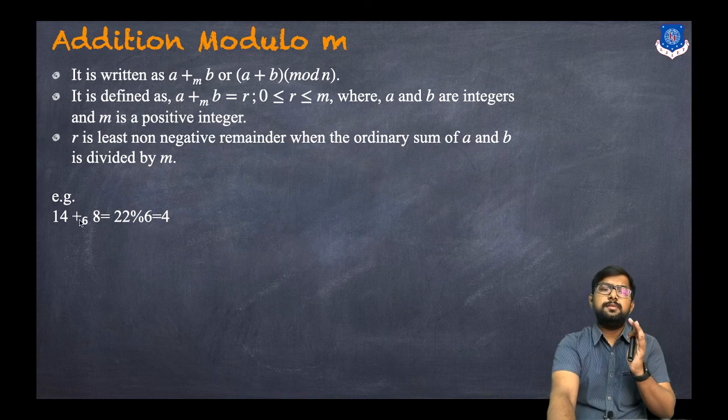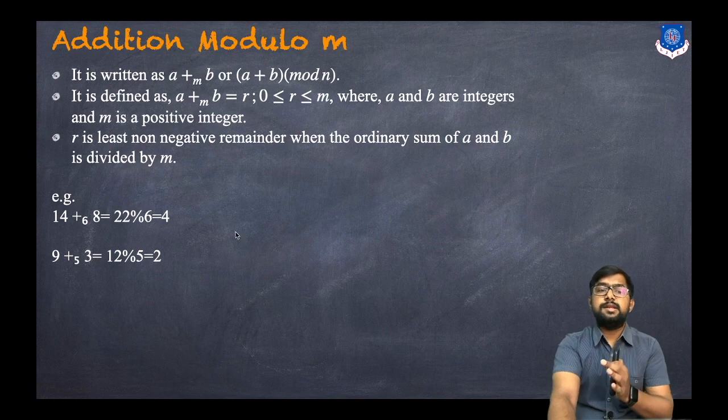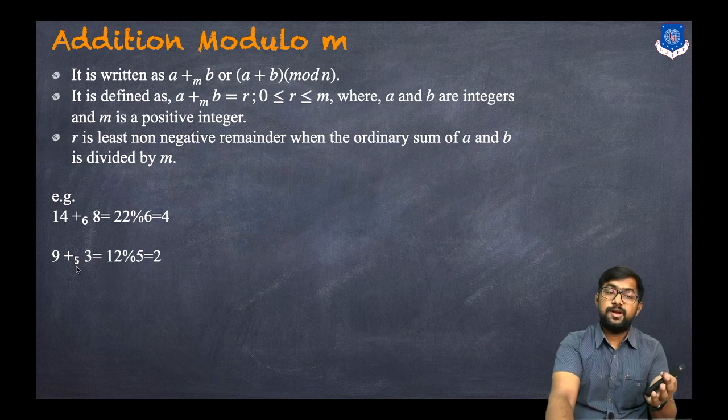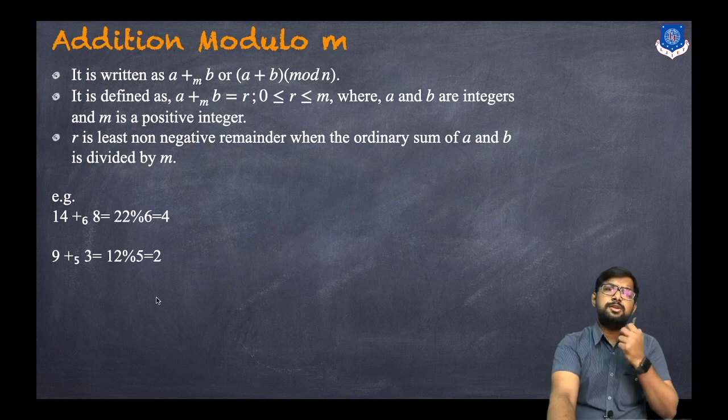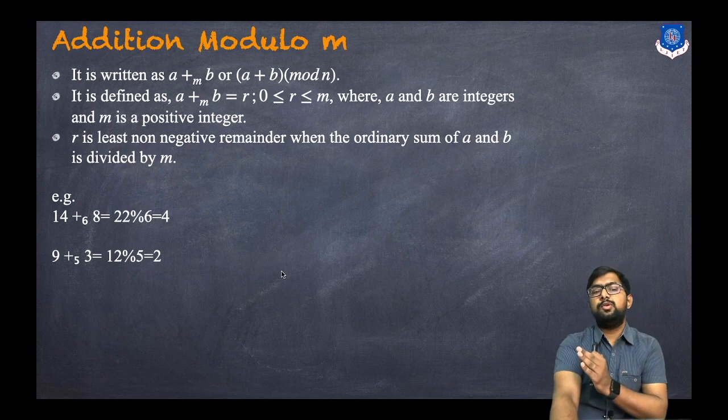So 14 +₆ 8 equals 4. Now in the same manner, if we want to find 9 +₅ 3, we add 9 plus 3, that is 12, modulo 5. Now 12 divided by 5, the remainder will be 2, so the answer is 2. So this is how you can find the addition modulo m.